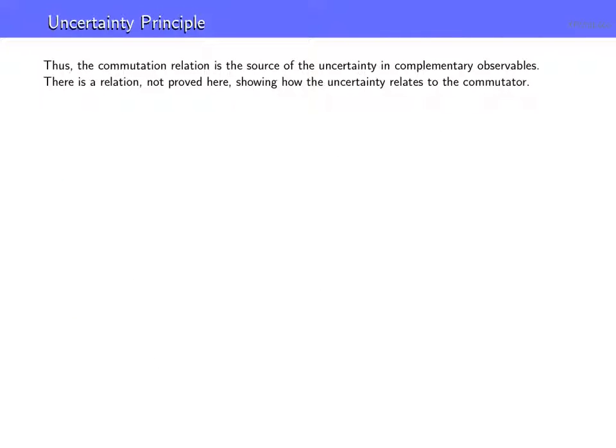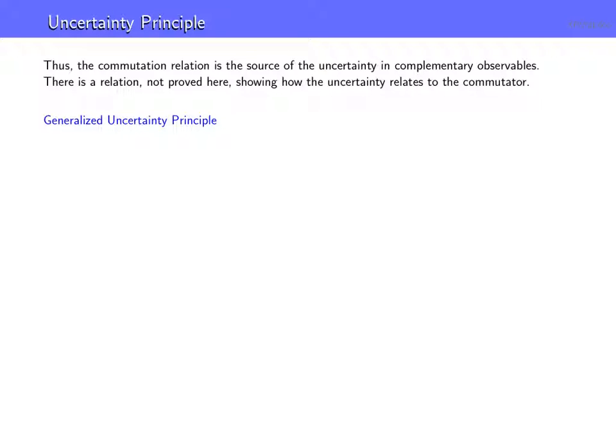Now, the important thing is that it's the commutation relation that's the source of the uncertainty in these complementary observables. There is a relation which we're not going to prove here. It would push us a little too far into dealing with operators and state vectors, but it shows how the uncertainty arises from the commutator, essentially. That's called the generalized uncertainty principle.